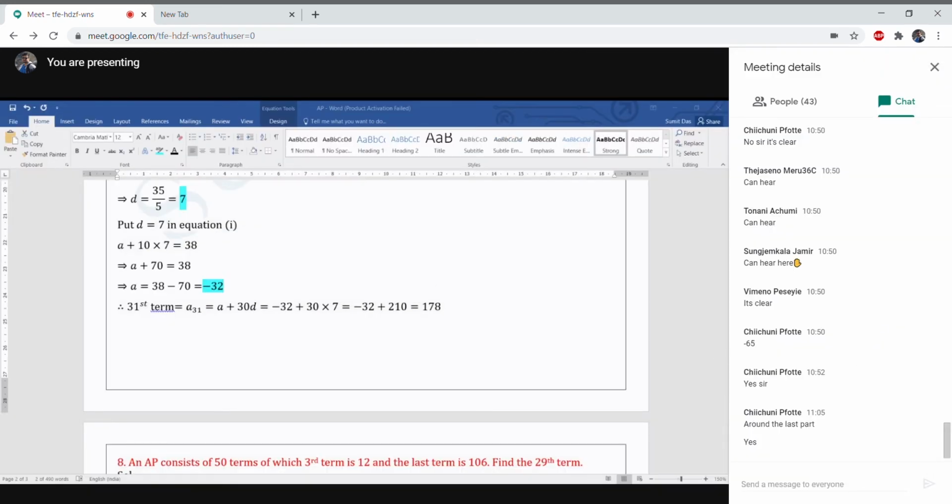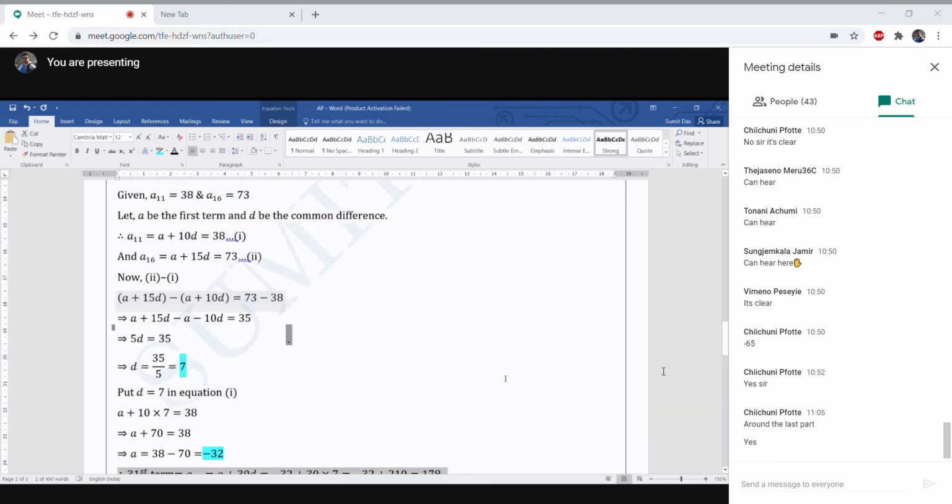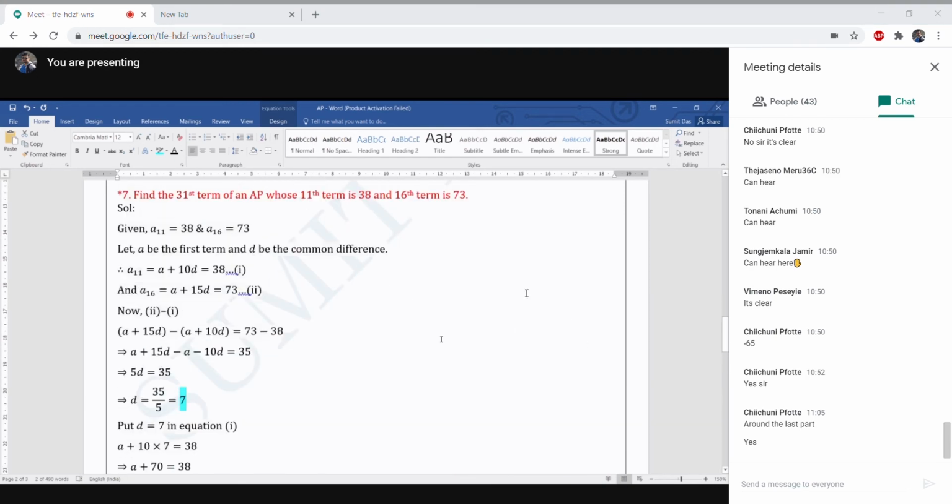Okay, look, basically what we did here: first we have to find the 31st term of the AP, but two pieces of information are given here, that is the 11th term and the 16th term. To find the 31st term, we can understand the 30 and 31 only, but a and d, the first term and common difference, we have to find.